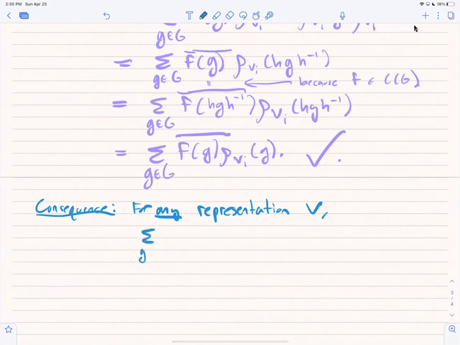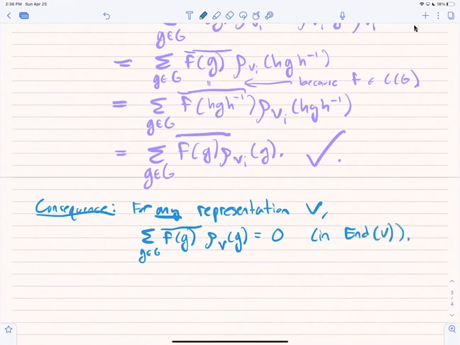So the sum over g contained in G, f bar of g times rho sub V of g is equal to 0 in the ring of endomorphisms of V, the ring of linear transformations of V.